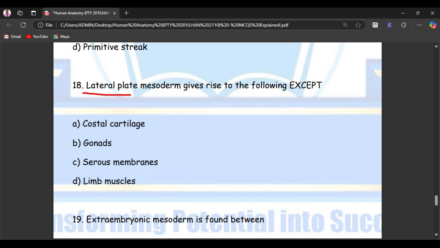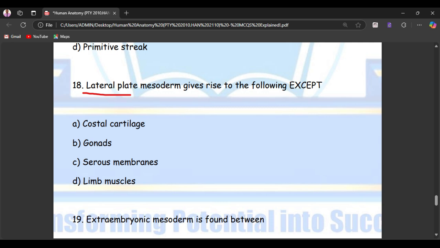Then we also have the intermediate mesoderm. There we're going to have the uterus, the oviducts, the kidneys, the ovaries and the testes. Then from the lateral mesoderm, we are going to have the somatic and the visceral mesoderm.